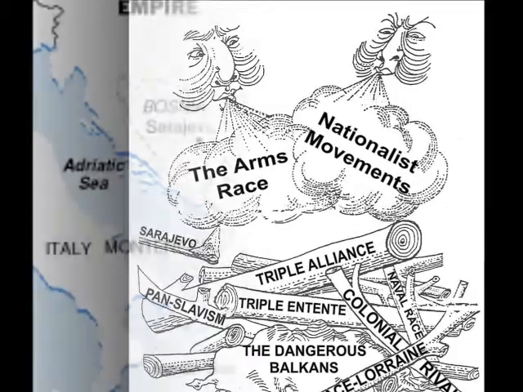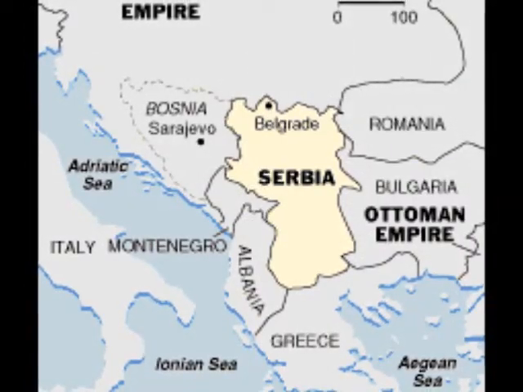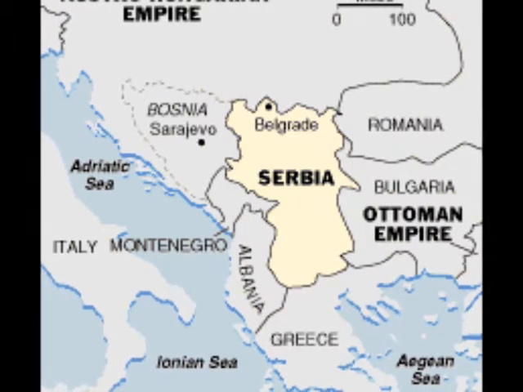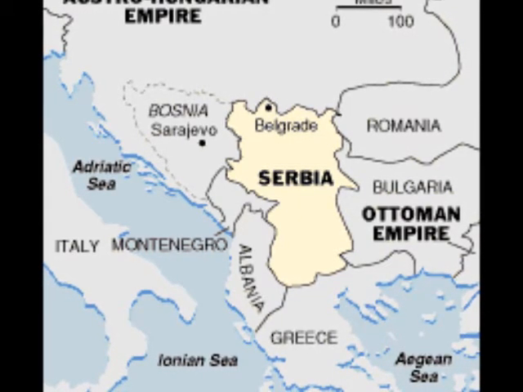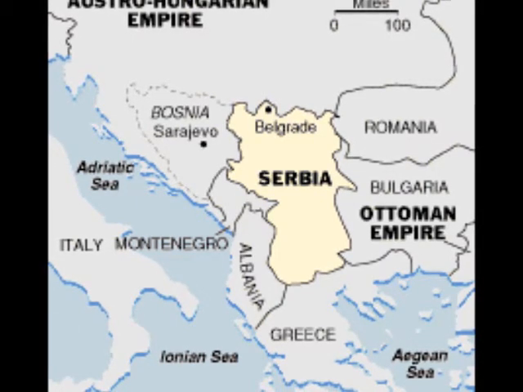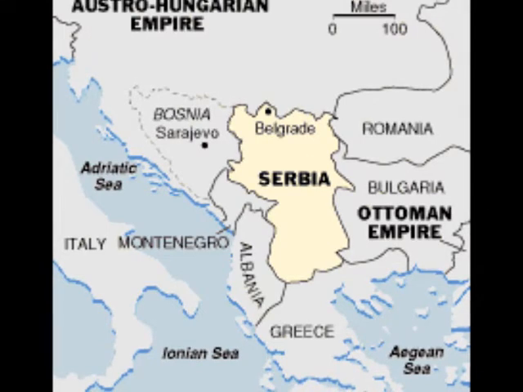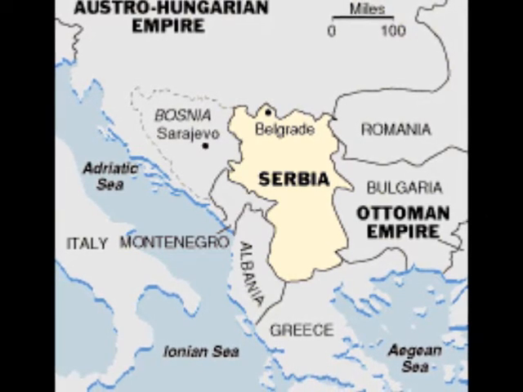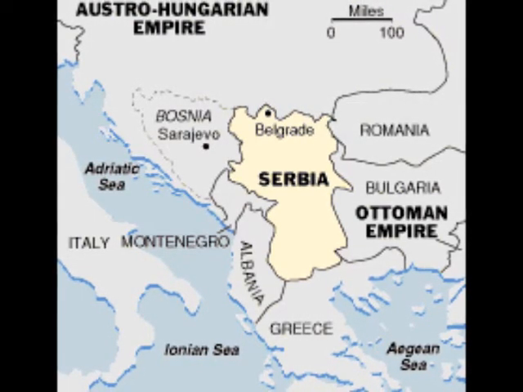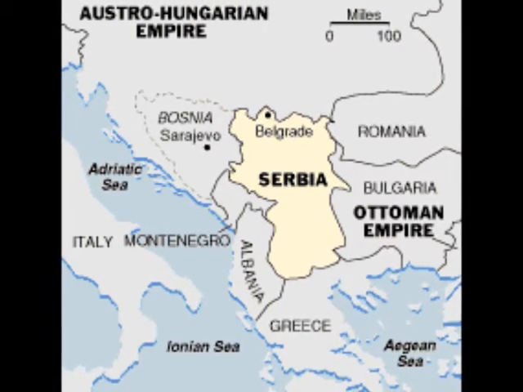Serbia was this little tiny nation in the middle of Austria-Hungary that they had taken over. Now remember, Russia had signed a separate peace treaty with Serbia. So that's going to cause some issues. But Austria-Hungary is in charge of it at this point. And Austria-Hungary has a dual monarchy. So you have two kings in charge of Austria-Hungary. You have an Austrian king and a Hungarian king.